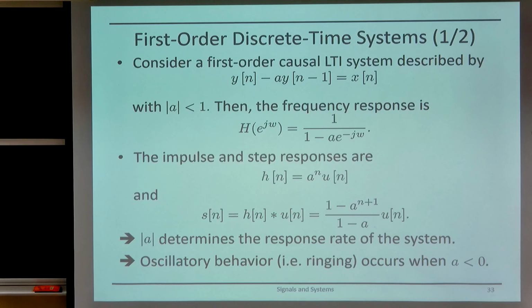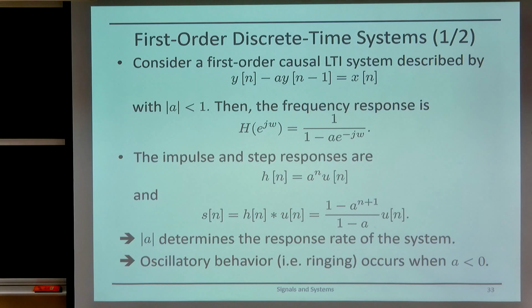Okay, so first of all, suppose that A is greater than 0. If A is greater than 0, then as omega increases from 0 to pi, cosine omega becomes smaller and smaller, because cosine 0 is 1, and as it goes towards pi, it goes towards -1. So as this decreases, this denominator increases, and the whole thing decreases.